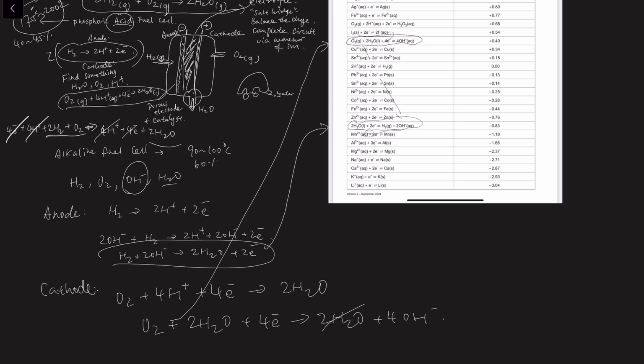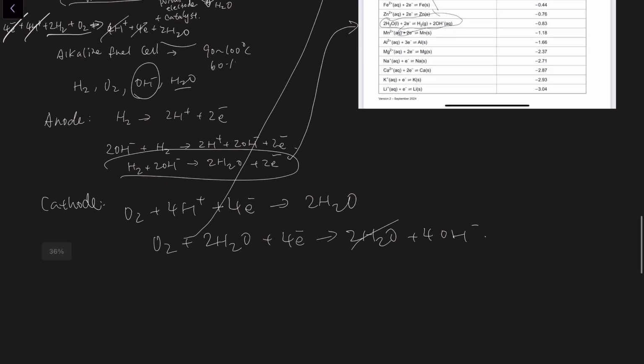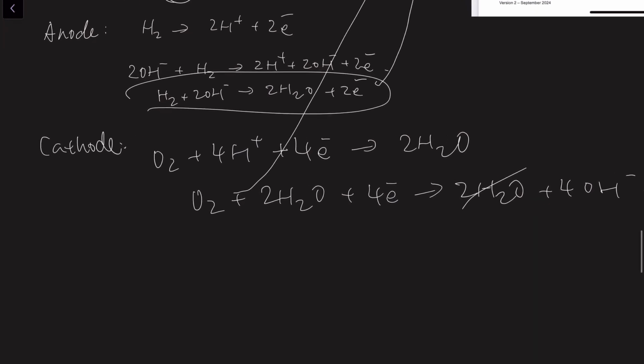So you can either try to find random equations, or you can use the rule I have told you before to work out the anode and cathode reactions. I recommend you learn this technique, because that's the technique you need to excel in the chemistry exam. They will always present you with an unknown scenario.